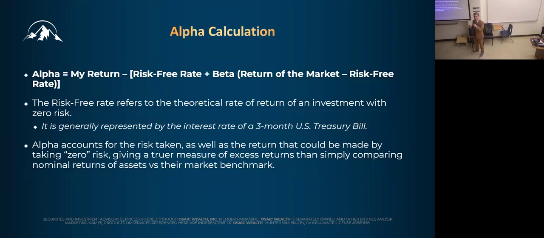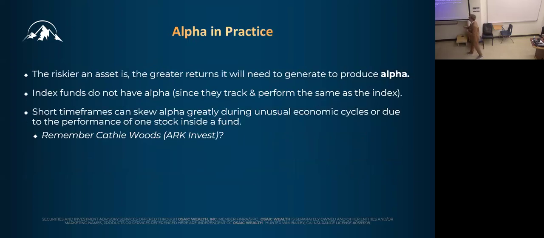But if your investment has a beta of 1.5, well, your return should have been closer to 15 or 16%. You actually performed on a risk-adjusted basis less well than the S&P 500. So it gives you a way to measure when you account for that risk. So the riskier an asset is, the greater returns it will need to generate to produce alpha.